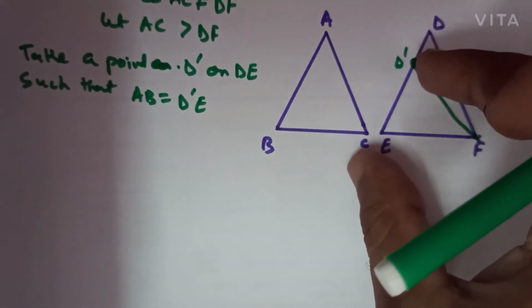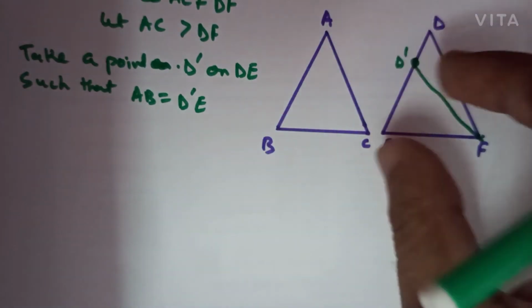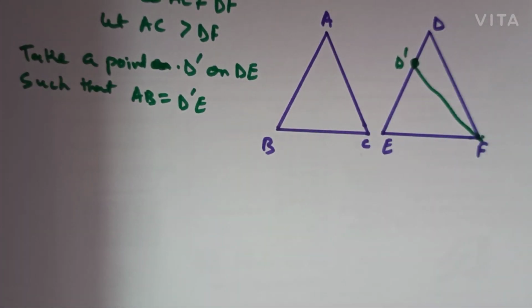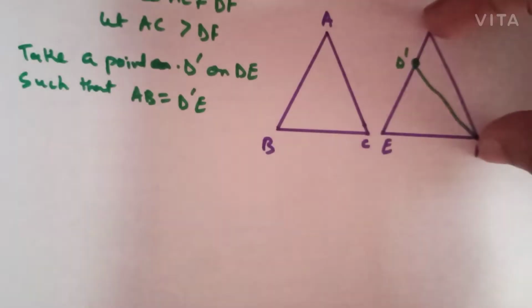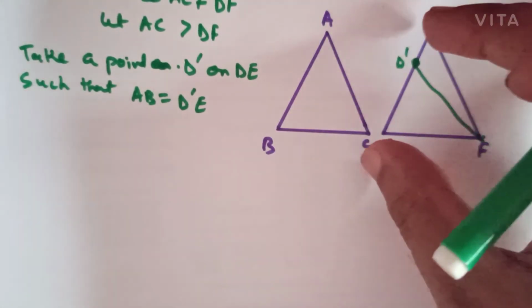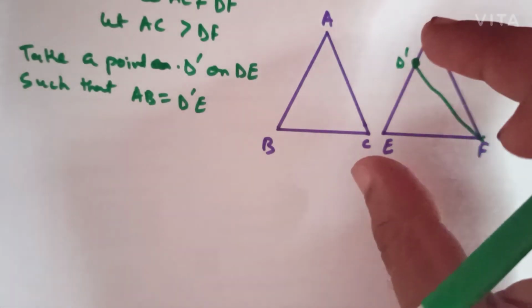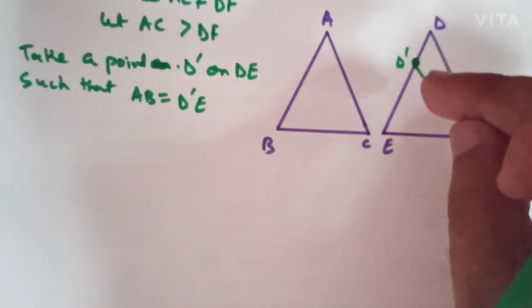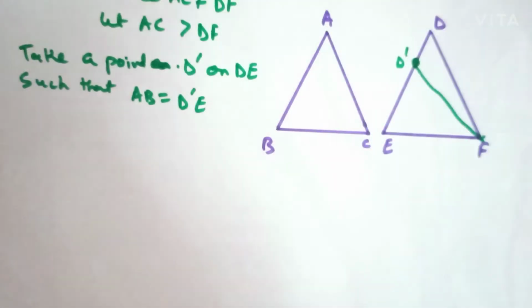Therefore we take a point D dash on DE such that AB becomes equal to D dash E.